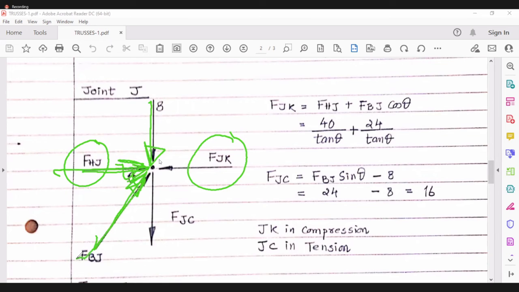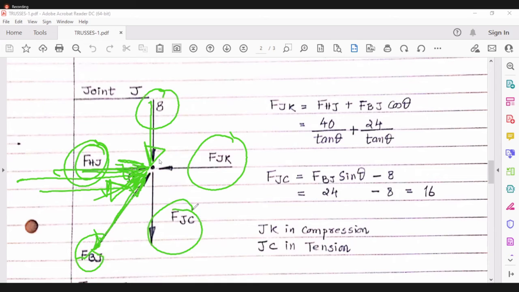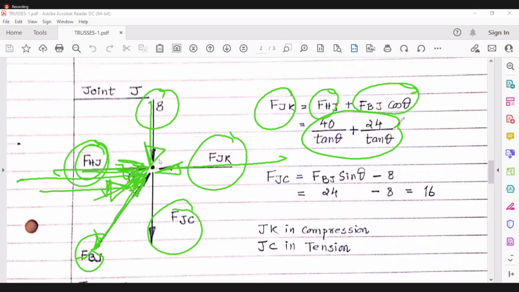Our BJ is in this direction. So BJ has a component in this direction. So HJ and BJ both push the joint rightward. Now 8 cannot push it rightward, JC cannot push it rightward. It's the job of JK only. So FJK is FHJ plus FBJ cos theta. So again, that turns out to be 64 by tan theta. FBJ that is.